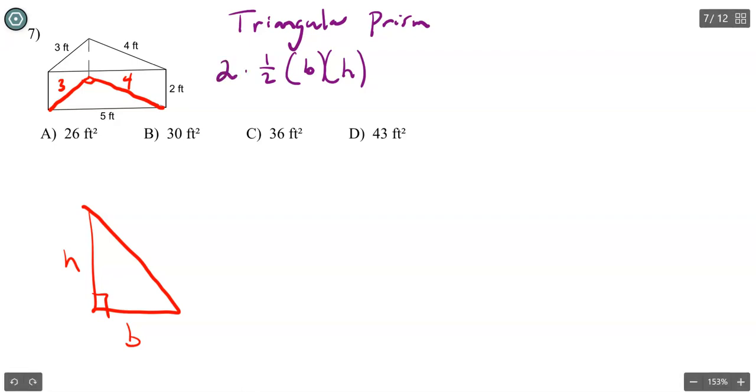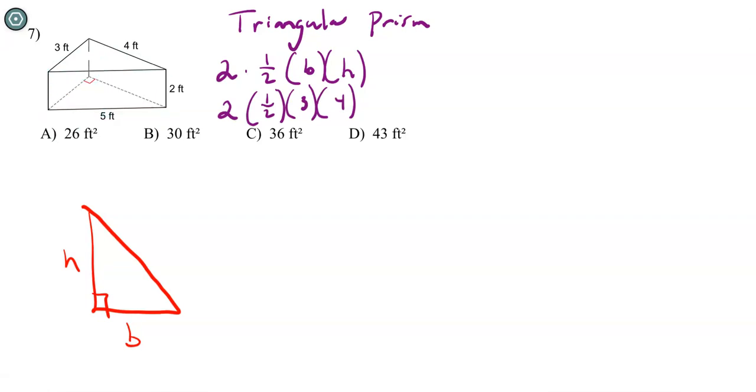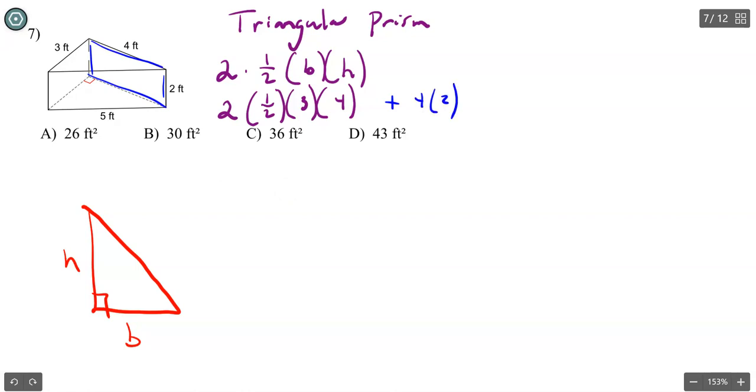I know I have two of them, so I'm going to have 2 times 1/2, using 3 as the base and 4 as the height. That's going to knock out the top and the bottom. Now we've got to deal with some walls, some rectangles. This back rectangle right here is 4 by 2. This big front rectangle is 5 by 2.